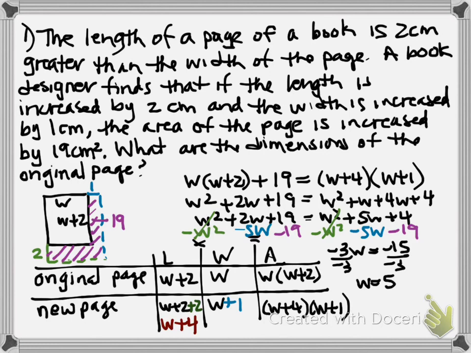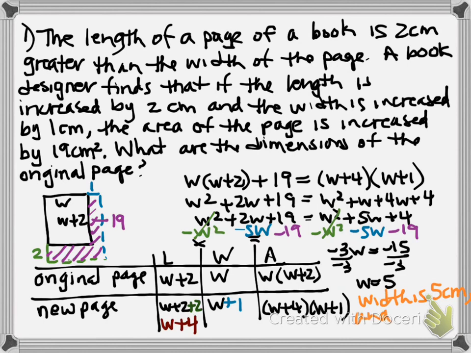The width of the original. W by itself, right here, is right there. For the new page, it was W plus 1, okay? So what I just did was figure out half of my answer. We would say the width is 5 centimeters.